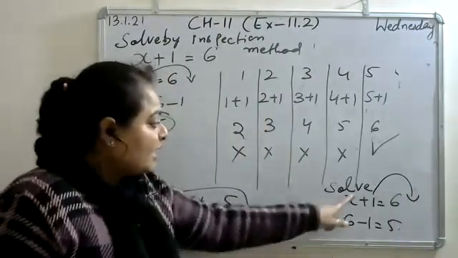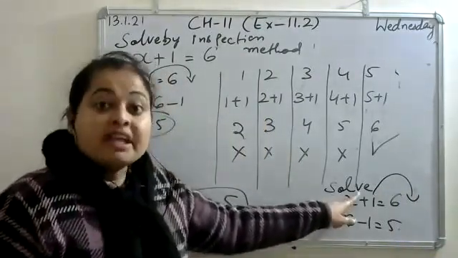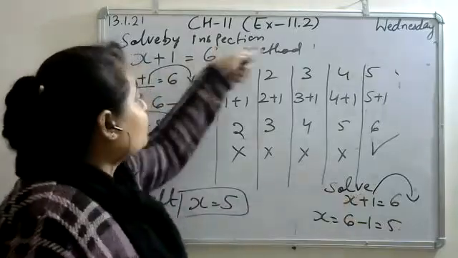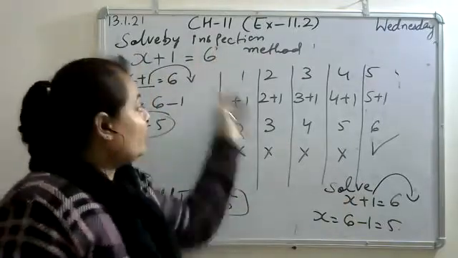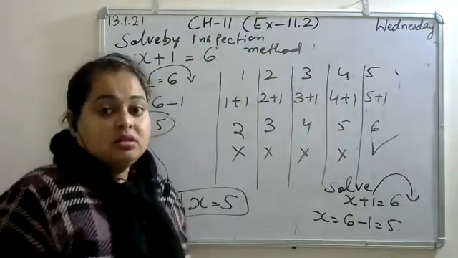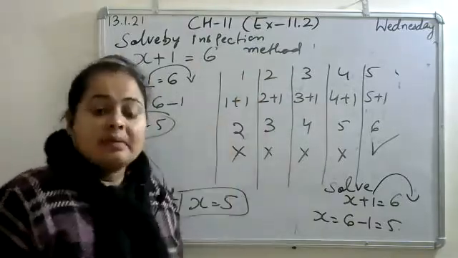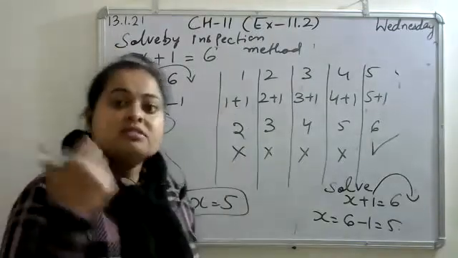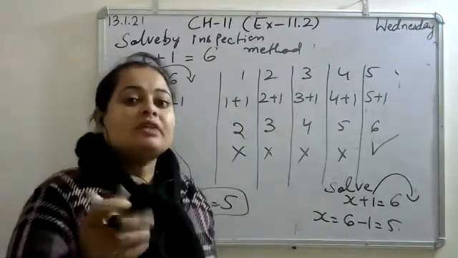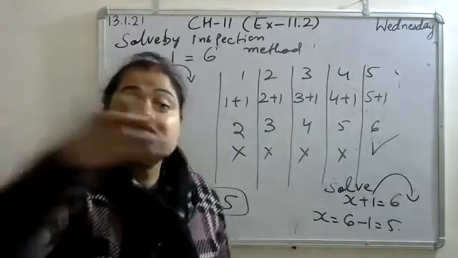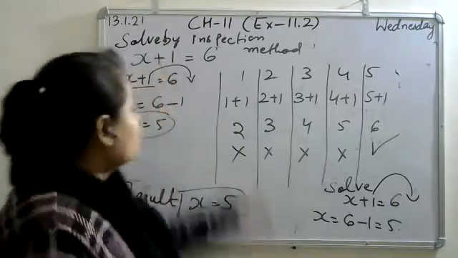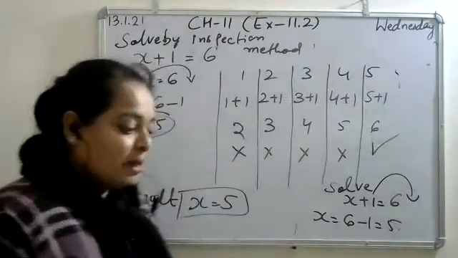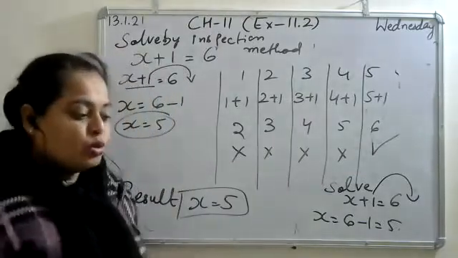This is if the heading is solve. But if the heading is solve by inspection, then you will start putting numbers. और मैंने जैसे 1 से स्टार्ट किया है, मैंने आपको पहले बोला ये भी कंपलसरी नहीं है. You can start with 0 also. You can start with -1 also, but move in a sequence. Okay? So 1, 2, 3, 4, 5. Bhavya, I hope the concept is clear to you now.